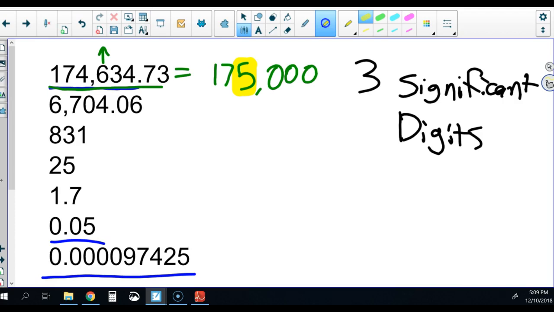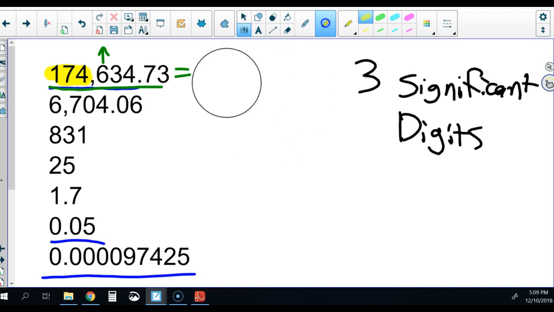So 175 is the perfect correct answer, but they will also accept 176,000 and 174,000. Now, what that allows you to do is not worry about rounding off that 4th digit to see what your 3rd digit should be. You just cut it off after the 3rd digit. 174,000 is good enough. That'll give you your correct answer.